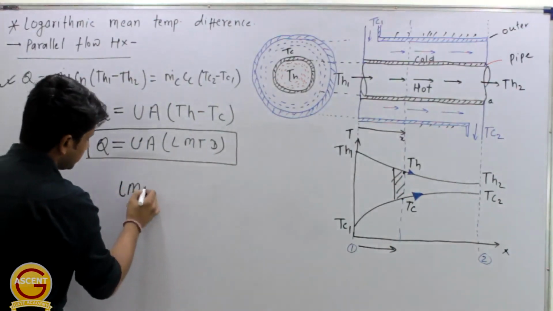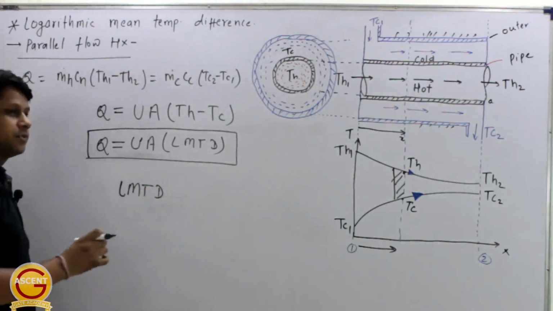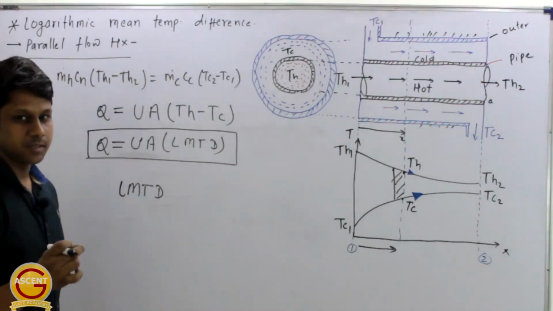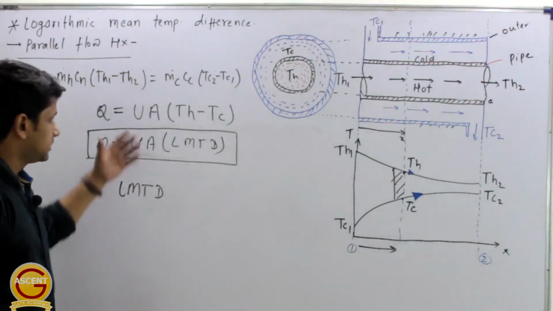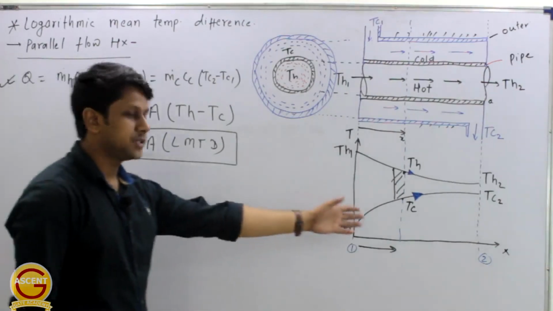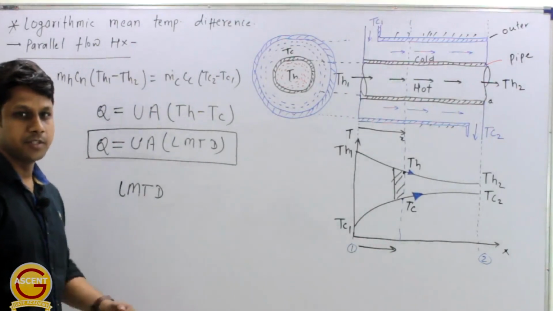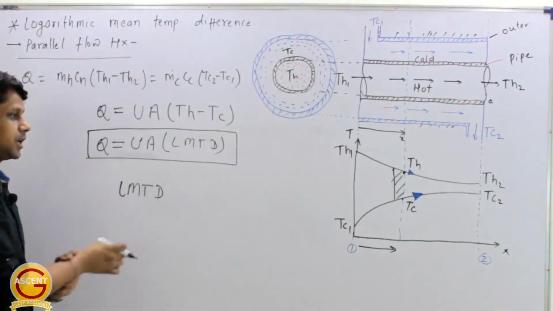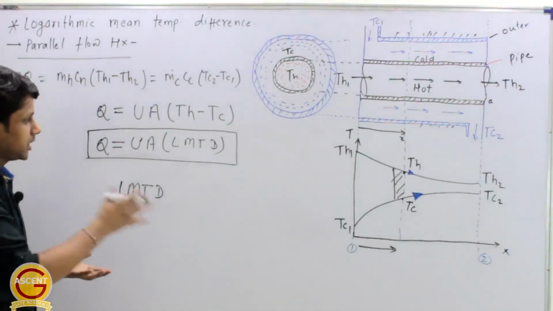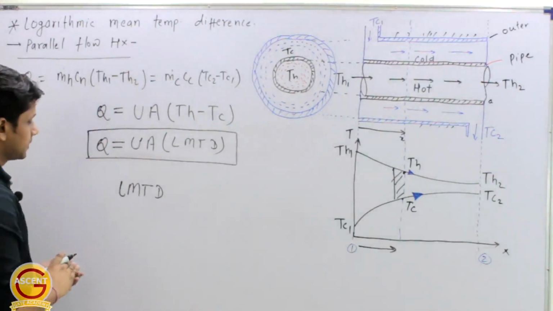From the GATE examination point of view, and even for the engineering services examination, this analysis is only important. That derivation is not important. Only in semester exams they ask for this LMTD derivation, right? But all the concepts that are required for the derivation I have given to you, correct?